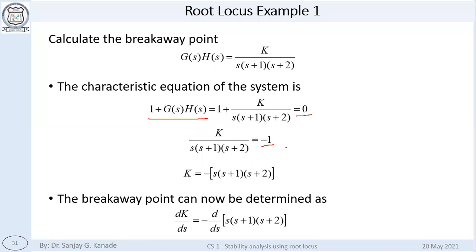So always remember, we first form the characteristic equation using the formula 1 plus G(s)H(s) equal to 0. Then rearrange terms so that we get k on one side and the other s terms on the other side, and then we differentiate that equation.